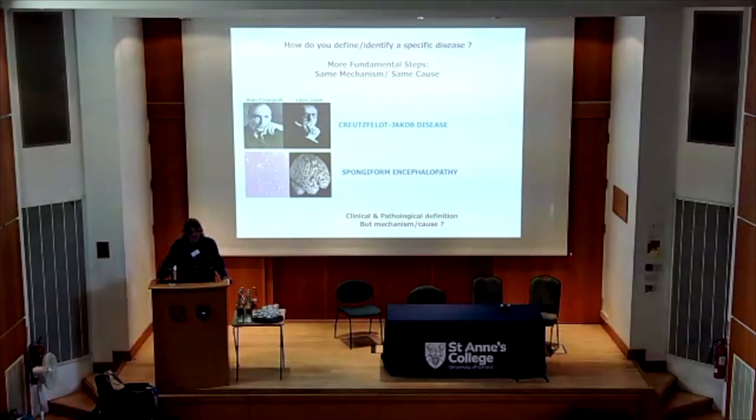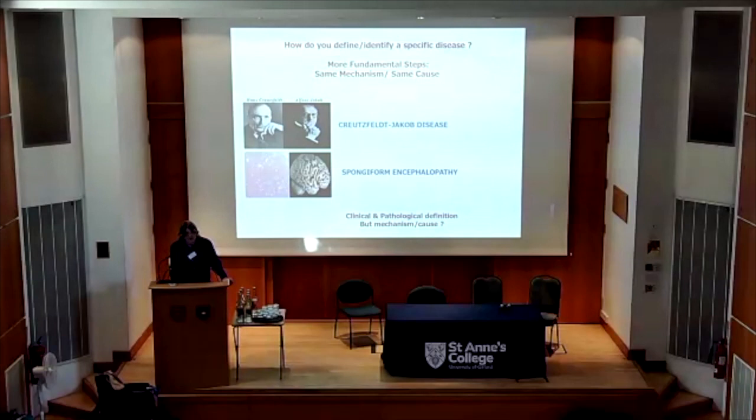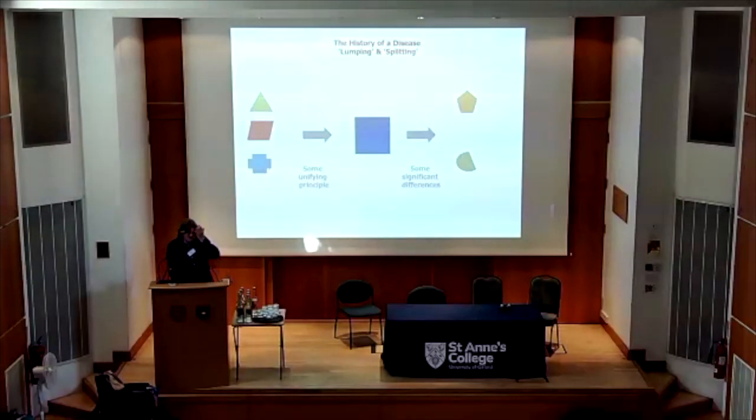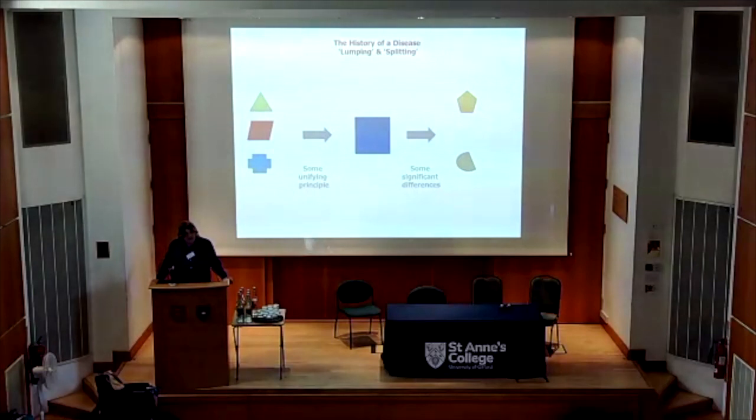And of course, then what we had was a disease which was clinically defined and defined pathologically under certain situations in the brain, but the fundamental mechanism wasn't available. And if you really want to define a disease, you need the underlying cause or mechanism. As a result of this, what happens in medicine is you get lots of different diseases that are defined, and then somebody finds a unifying principle, and they put them all together, suddenly lumping them together as one disease.